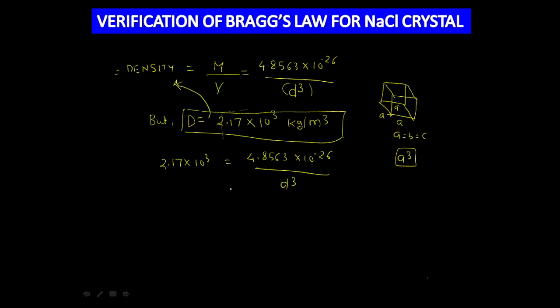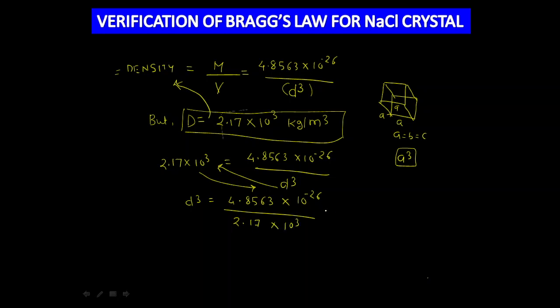So D cube will be 4.8563 into 10 to the power minus 26 divided by 2.17 into 10 to the power 3.